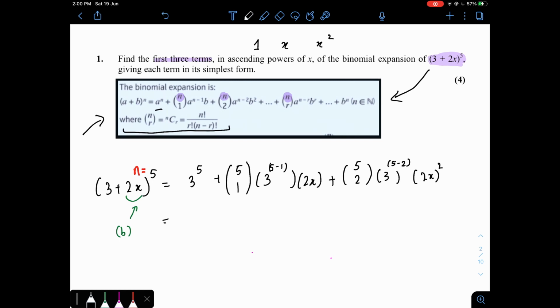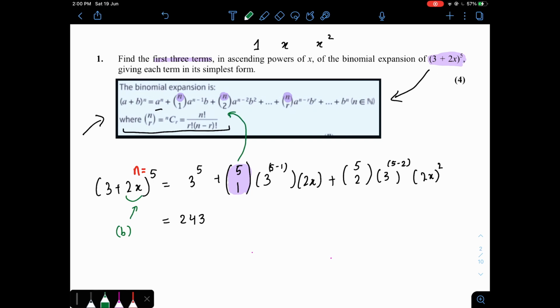So 3 to the power of 5, if you put it in the calculator, would be 243. Now you can see here that this 5C1 we can rewrite in this form.